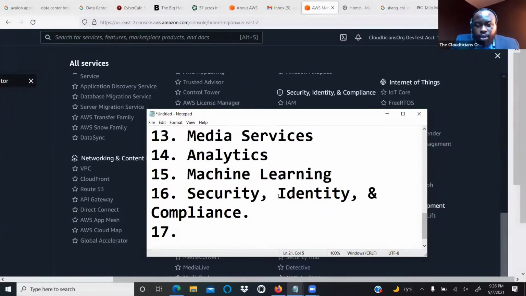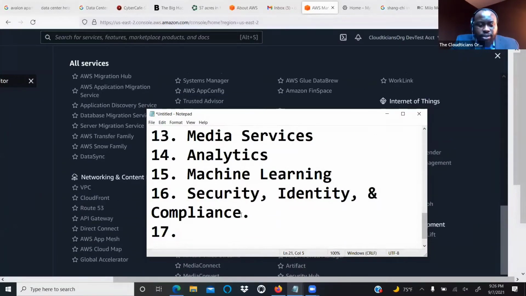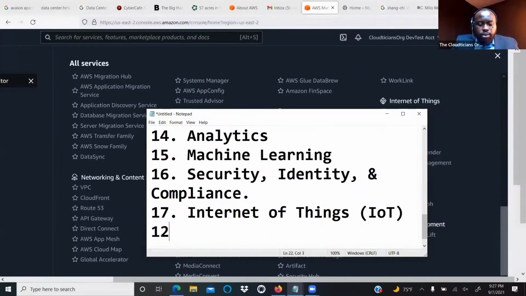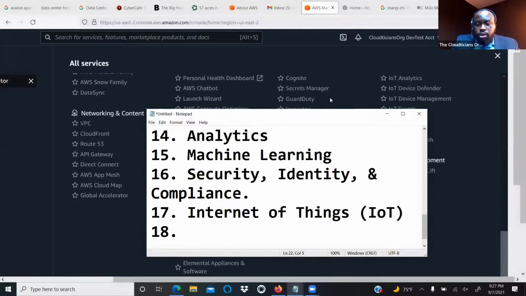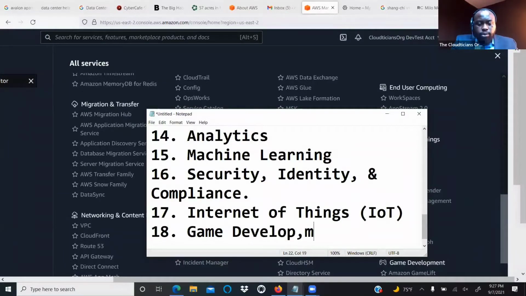Seventeen, Internet of Things, which is another popular thing, IoT. Eighteen, game development.